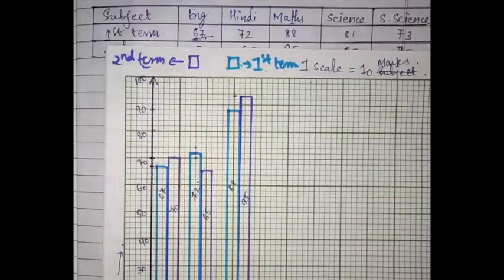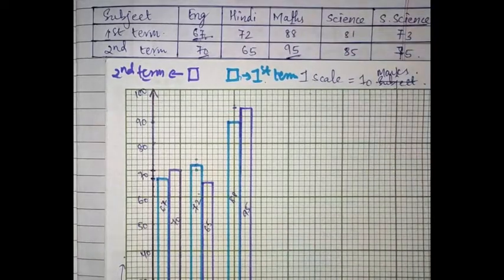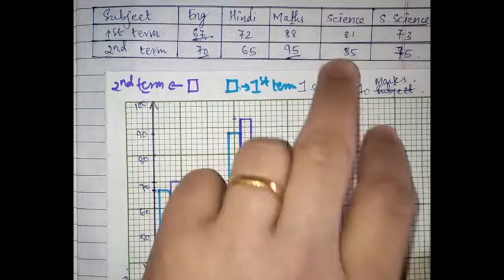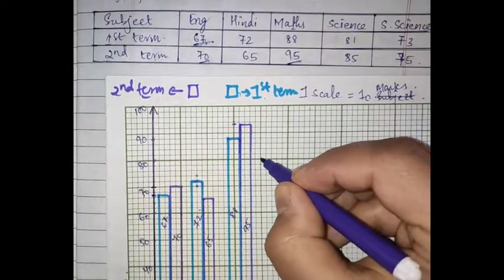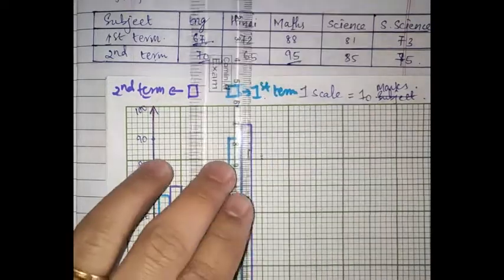Alright, similarly proceeding to the next one, science. In the first term he has obtained how much? 81. So 80 is over here, and 82 is here. So it should be in between. So we are going to plot like this.